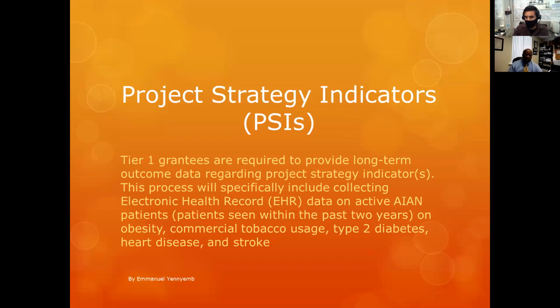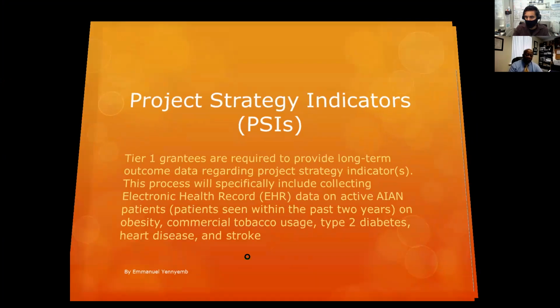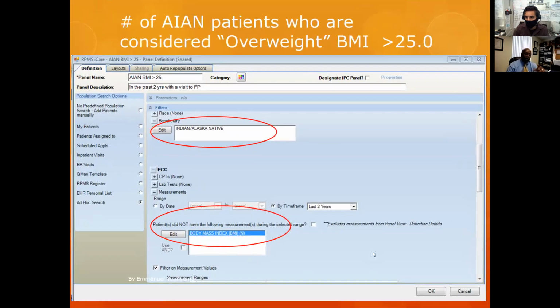The process is specifically included to gather data from the EHR for all active American Indian and Alaska Native patients within the past 2 years on obesity, commercial tobacco use, type 2 diabetes, heart disease, and stroke.